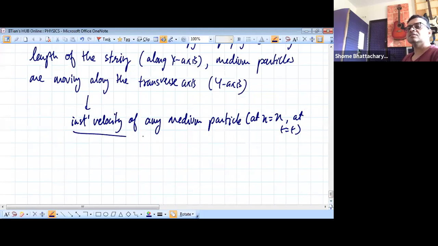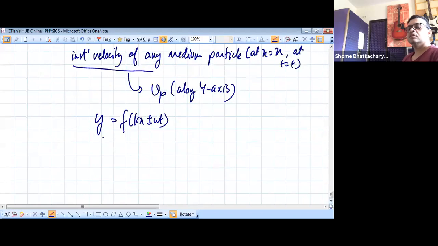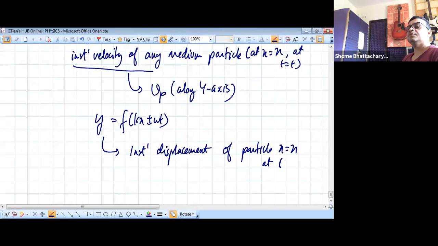That instantaneous velocity of this particle is along the y-axis. So what is happening? y as a function of kx plus or minus omega t. What does the y represent? It represents the instantaneous displacement of the particle at x equal to x at time t equal to t.